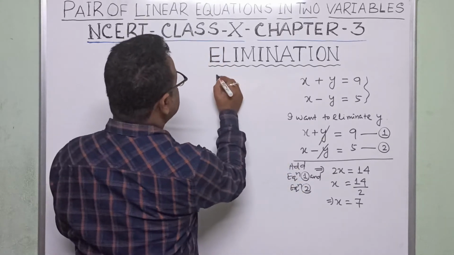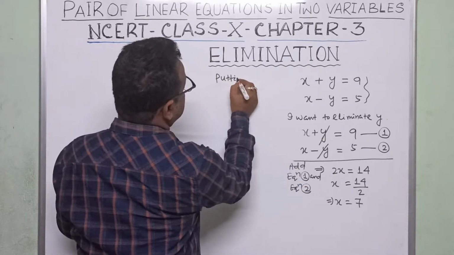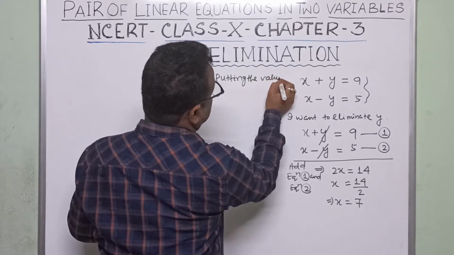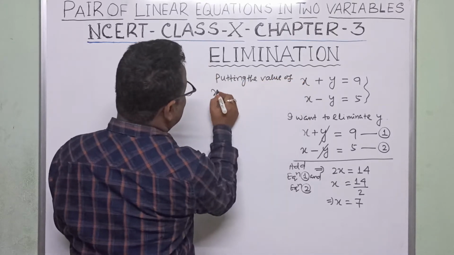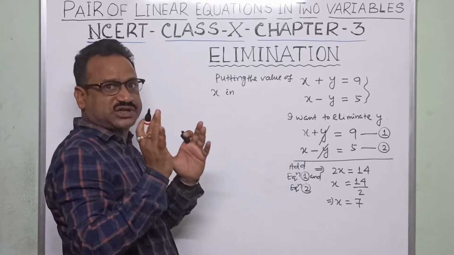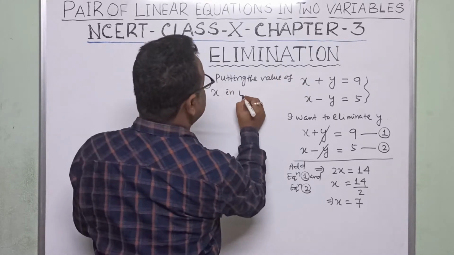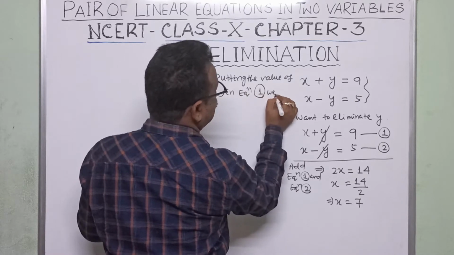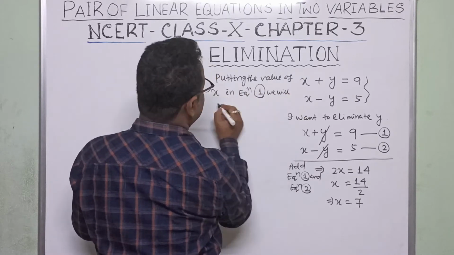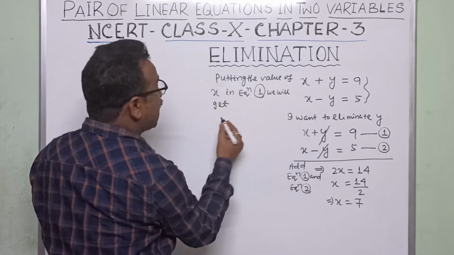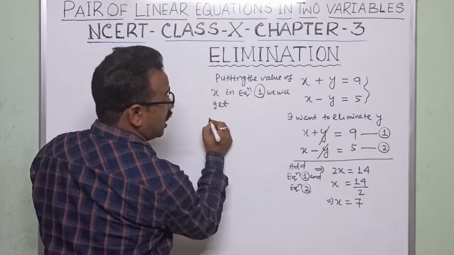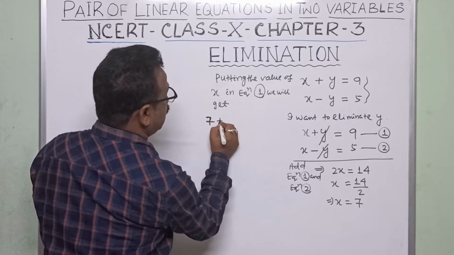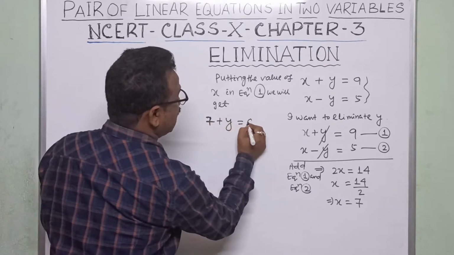So putting the value of x in equation 1, we will get x, which is 7, plus y is equal to 9.